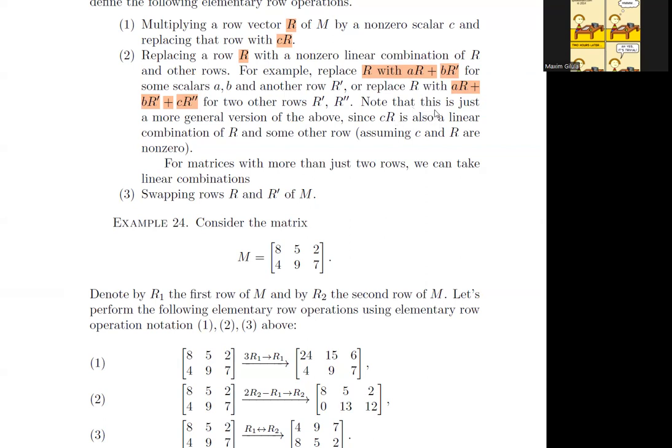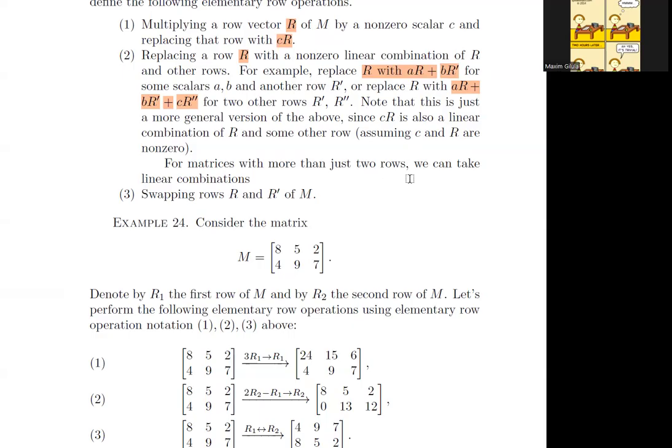We haven't done that yet, but we did do the first one with just 2 rows already as well. So see if you can go back and find where we did that. And this is just a more general version of 1, because CR is also a linear combination of R. We could have just had 1 row. So that also works.